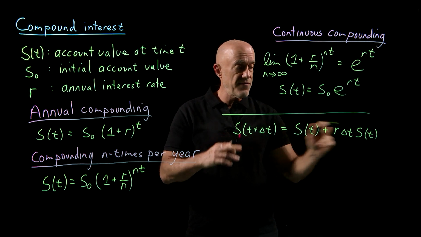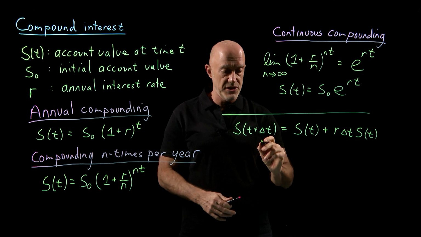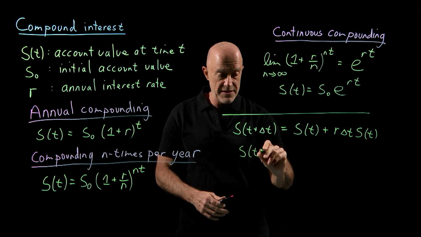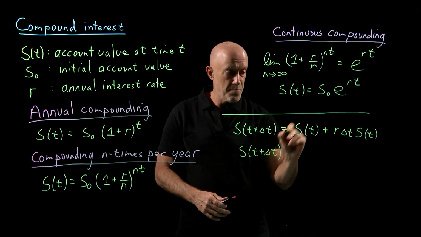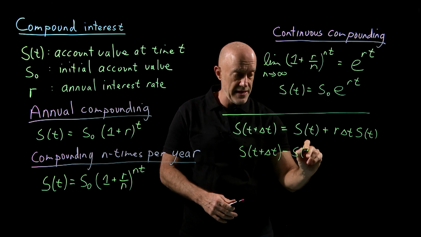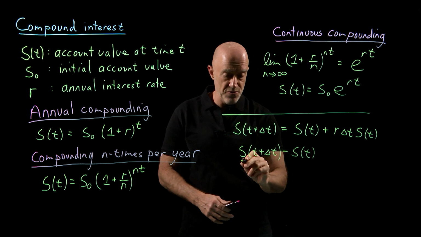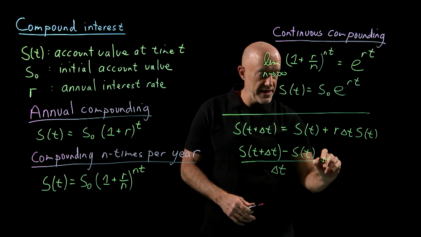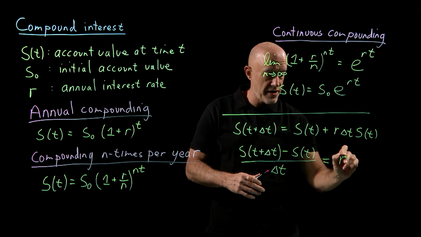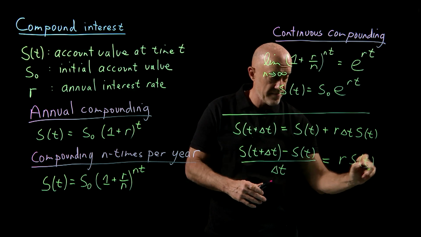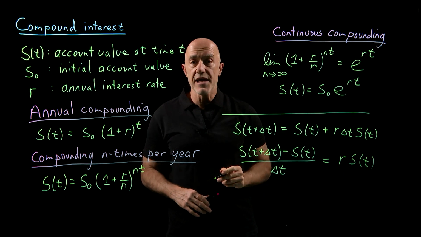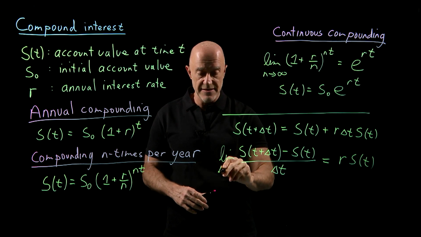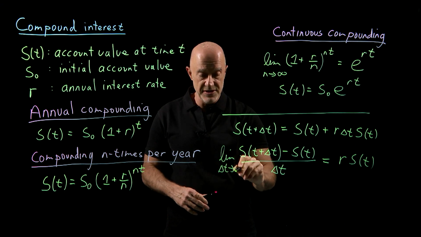We can now look for a derivative in this equation. We can write this as S of t plus delta t minus S of t, and then divide through by delta t. And what do we get left over? We get an R times S of t. This looks like our definition for the derivative. So we can just put a limit here as delta t goes to 0.